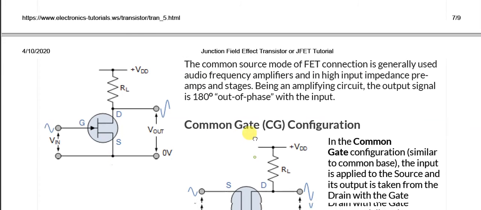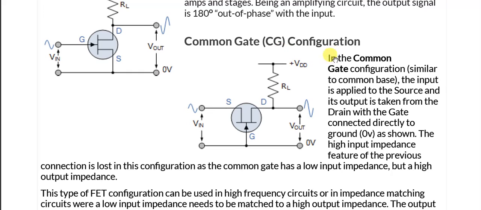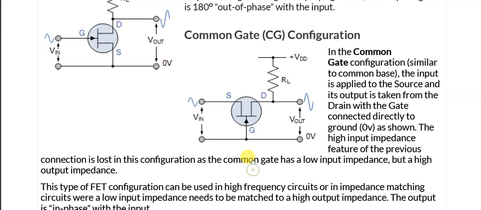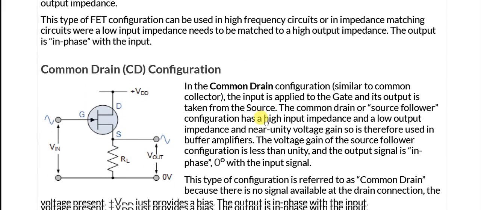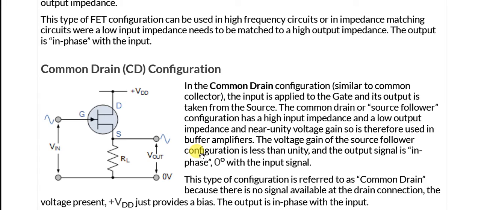The common source is equivalent to the common emitter. And the last one is the common drain, or the common collector, which we have in the case of the bipolar junction transistor. So these are the three modes of configuration of the JFET.